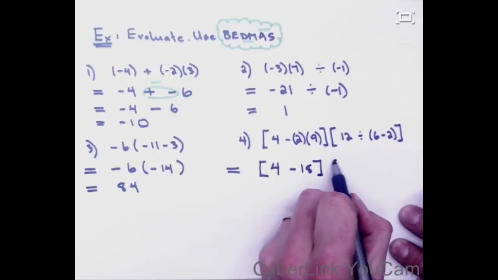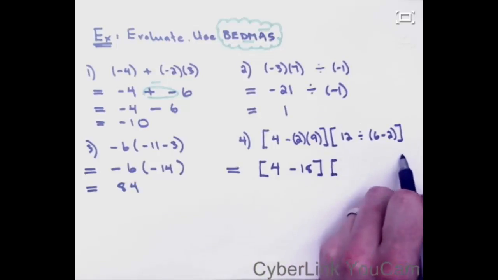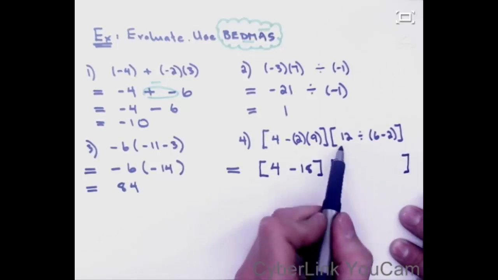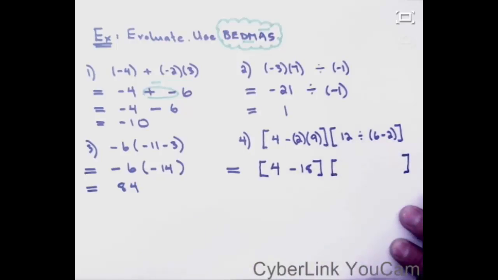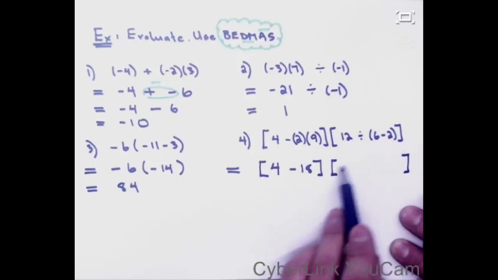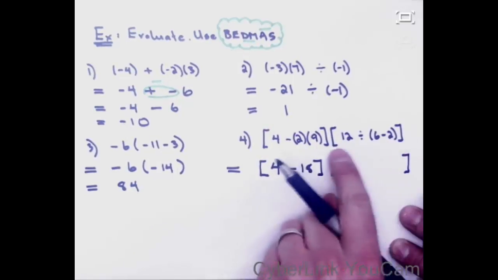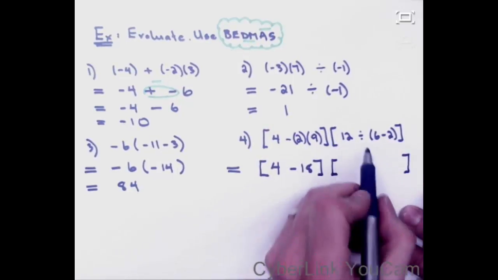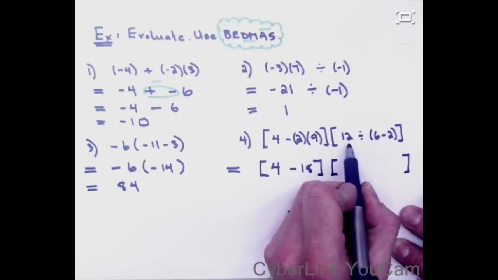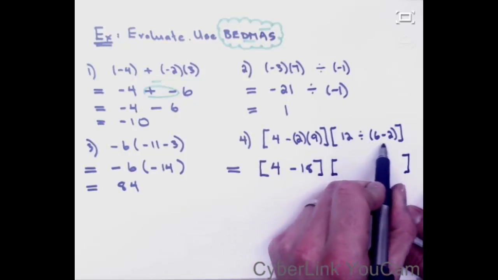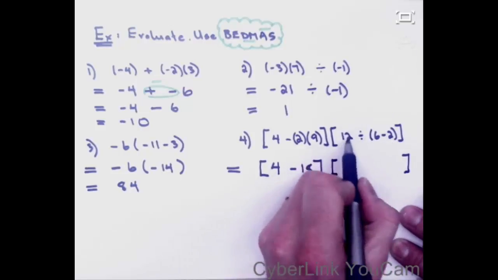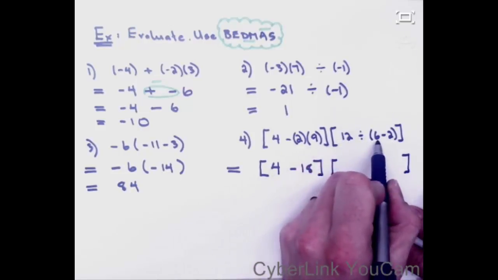Next, there's another square bracket, and we're going to have to work that out. So let's look inside this square bracket. We have to get the result of this square bracket. We do not do this multiplication yet until we're done dealing with this square bracket. So inside here, we see it's 12, divides, and then there's another bracket. So here's an error you want to avoid. You don't want to do 12 divided by 6, because that's not what it says to do.